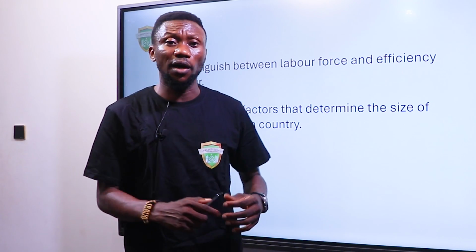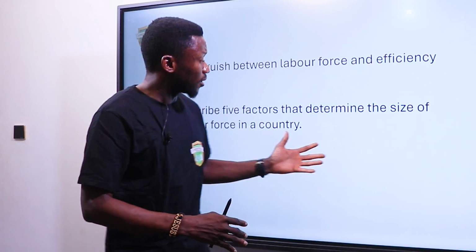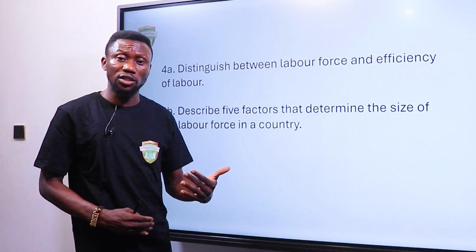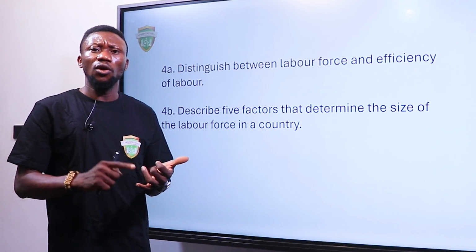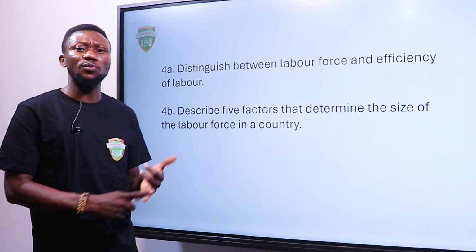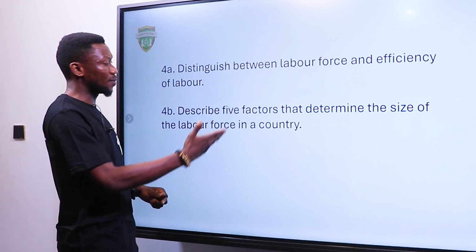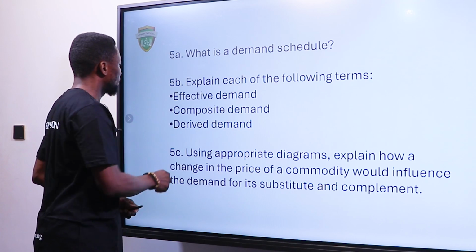Apart from that, what about the age group, the gender, government policies on maybe retirement age, the type of population we have, is it overpopulation or underpopulation, or is it aging population, dependent population, and independent population? So there are many factors that can determine the size of labor force in a country. Even education and training can do this.